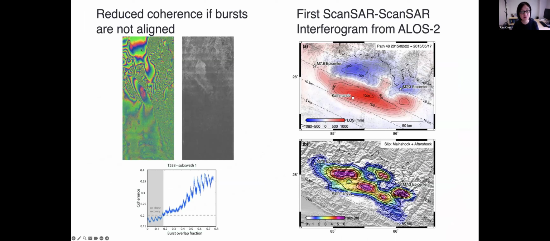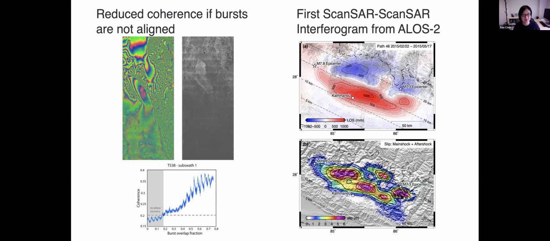You can see at the top, the phase looks more consistent and coherent. As it goes down, more decorrelation occurs, mostly because the burst alignment is starting to degrade. For ALOS-2, because of the better orbital control, I think this issue is reduced. But still, ScanSAR to ScanSAR processing has some complications.